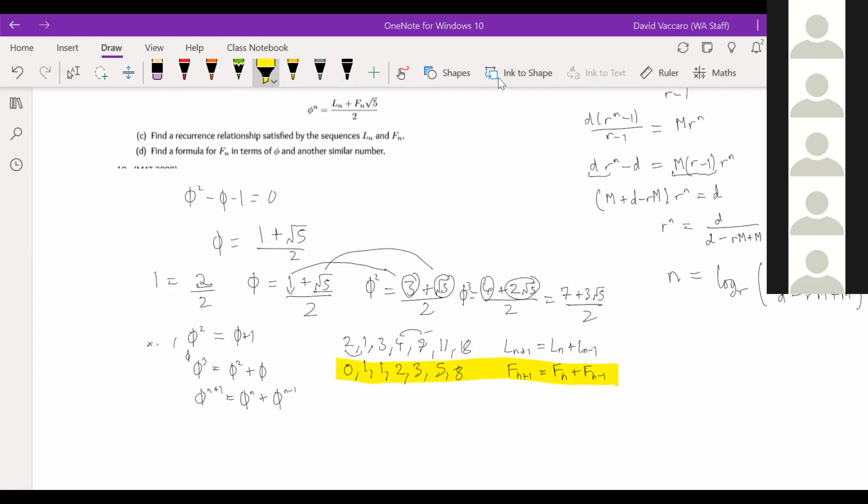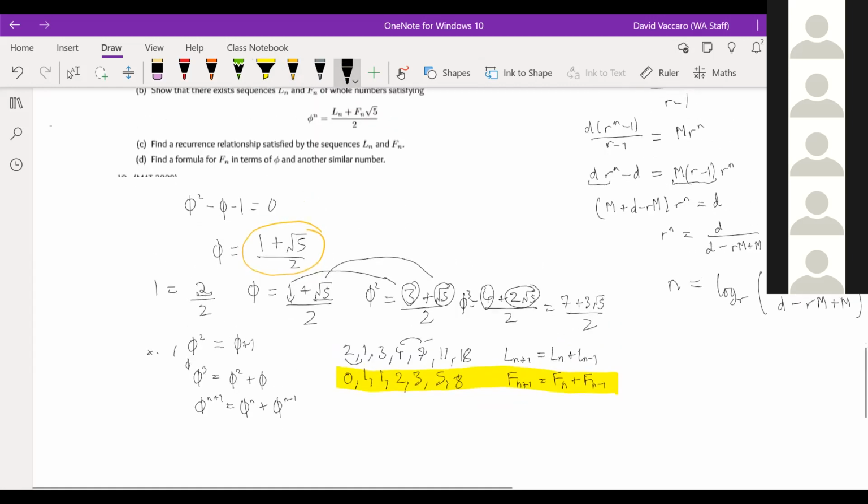Now, someone earlier got very excited in the chat. So Thomas commented that when I got this number phi, that it was the golden ratio. But now this is doubly exciting because we've got the golden ratio and the Fibonacci sequence all in one question.